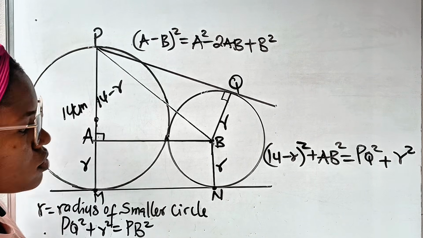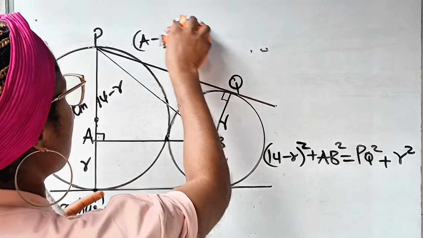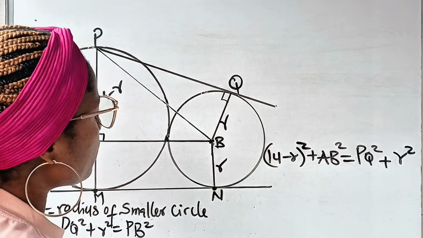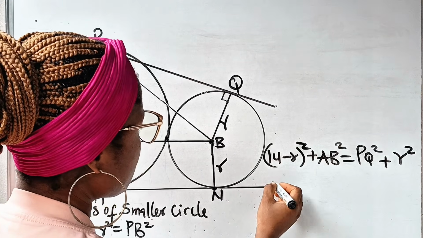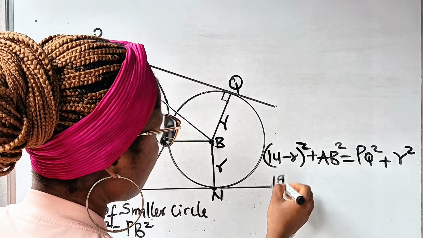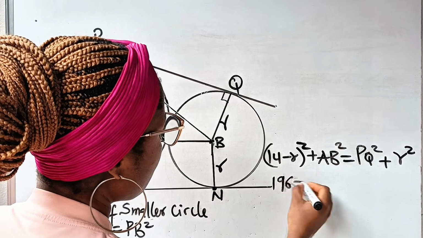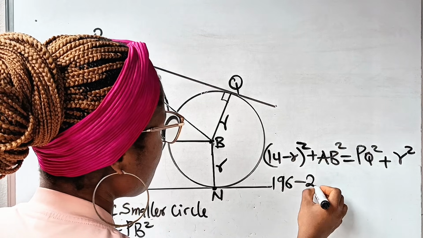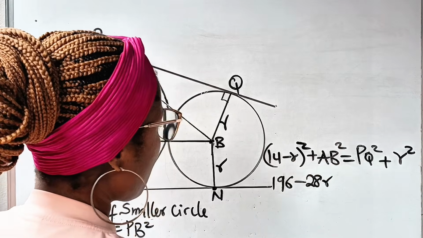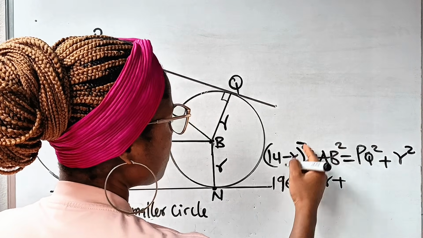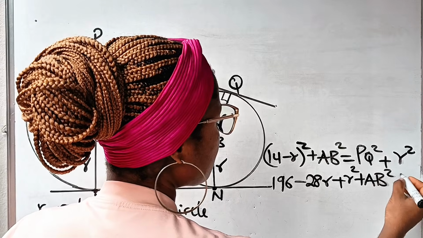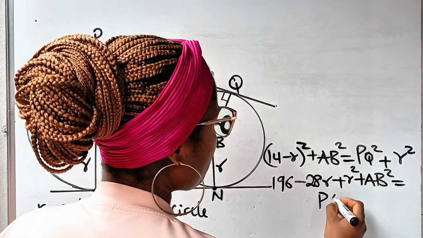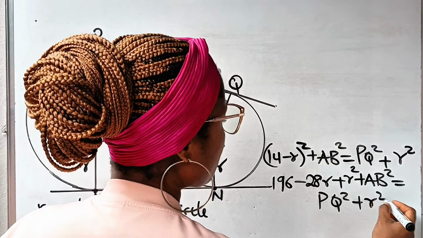So we have 14 squared, which is 196, minus 2 times 14, which is 28r, plus r squared. Now plus AB squared is equal to PQ squared plus r squared.